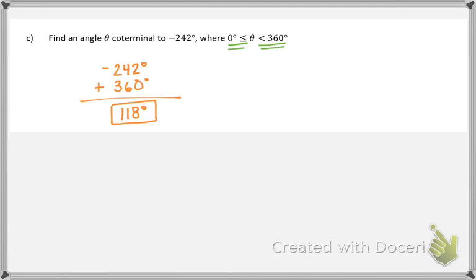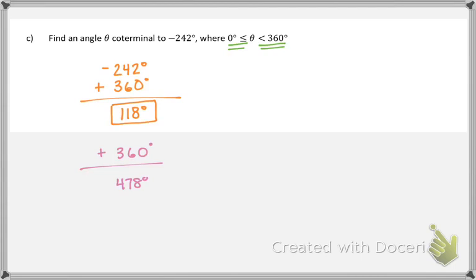And this is a positive coterminal angle. Now, the problem doesn't ask us to find another one, but if I want to find another positive coterminal angle, all I have to do is go around one more time. So if I add another 360 degrees, 478 degrees is also another positive coterminal angle to 118 and negative 242.